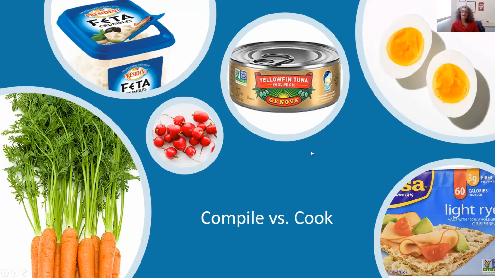So I first wanted to talk about compiling versus cooking, because what I've learned both through watching my diet and watching my patients' diets is that a lot of us do a little bit more compiling than cooking. And that can be perfectly healthy as a way to eat, as long as it really is done in a conscious way. So, I took this picture a couple weeks ago of what was on my plate.